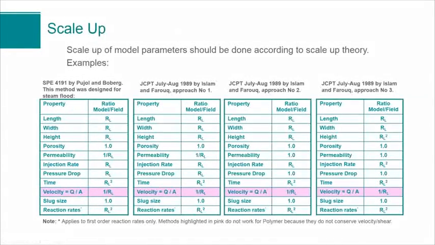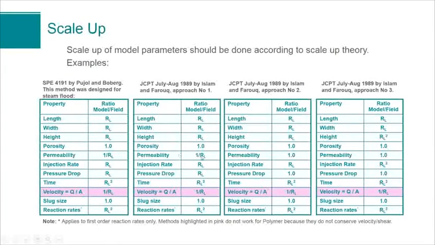Now this slide is showing some scale-up parameters, some scale-up theories from the literature, these different SPE papers, and they're all using these different ratios of the model to the field scale, this RL value.